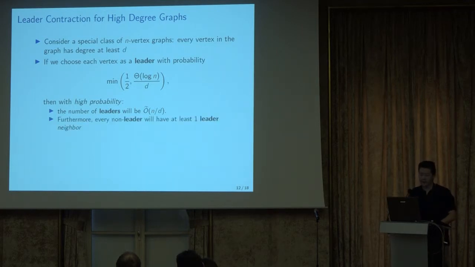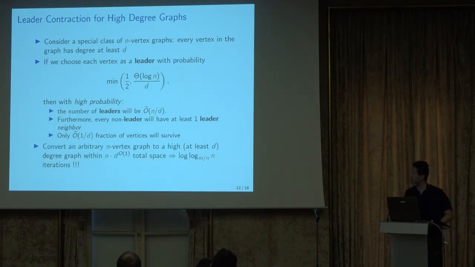Furthermore, every non-leader vertex will have at least one leader neighbor. So after we do the contraction, every non-leader vertex will be contracted. Because the number of leaders is just n over d, only a 1 over d fraction of the vertices will survive after the contraction. And we show a very crucial thing.